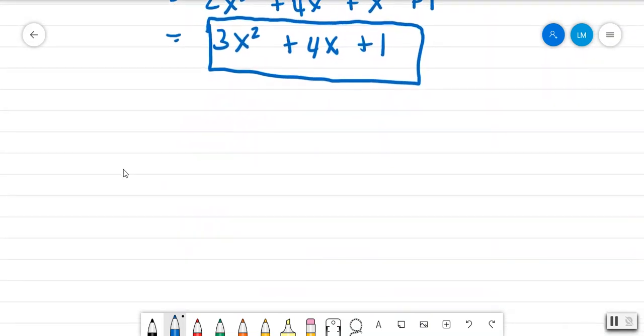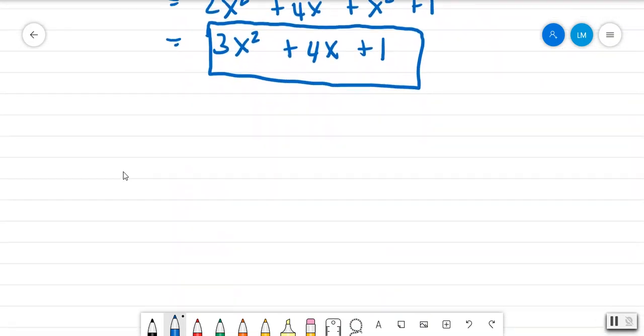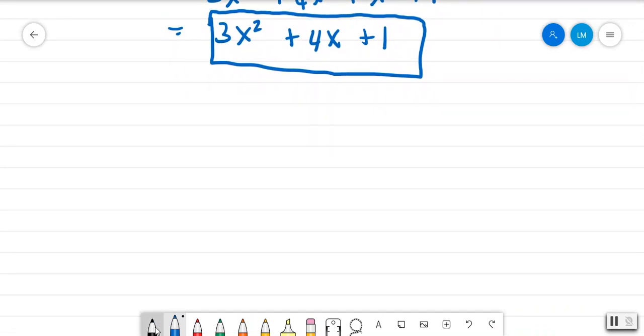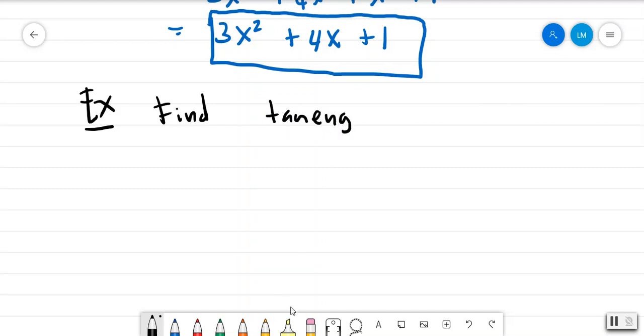Now, if I wanted to, for example, we could also find the tangent line, or for that matter, we can always just say the tangent slope.